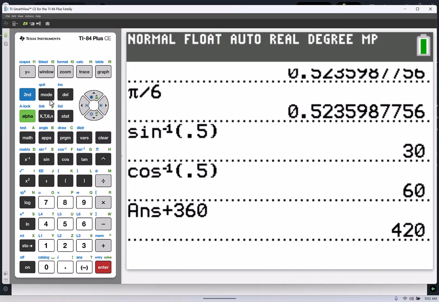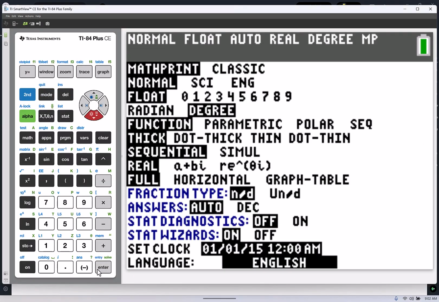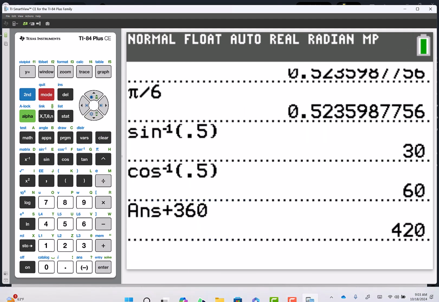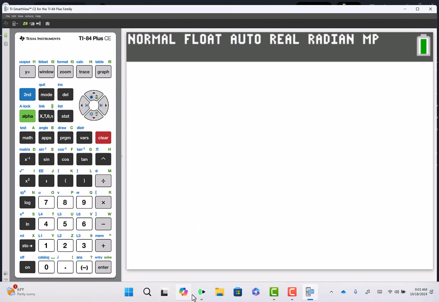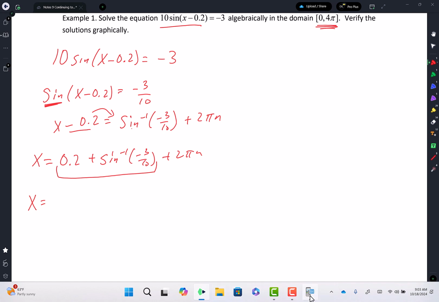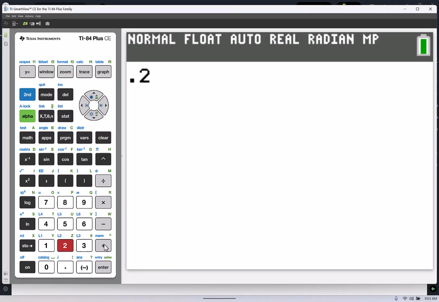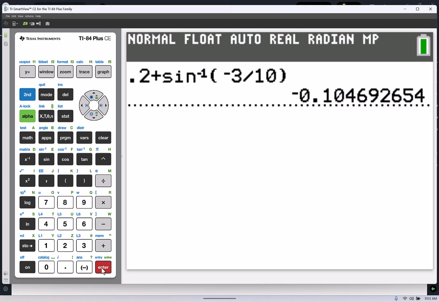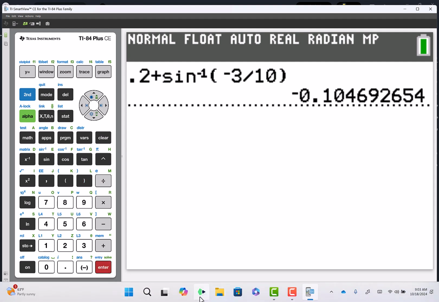So I'm going to go to mode, go to radian, and clear this. So I'm going to go 0.2 plus arc sine of negative 3/10. And I got negative 0.10469. Is that what you got?